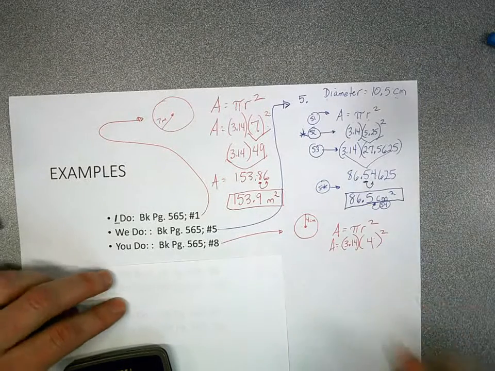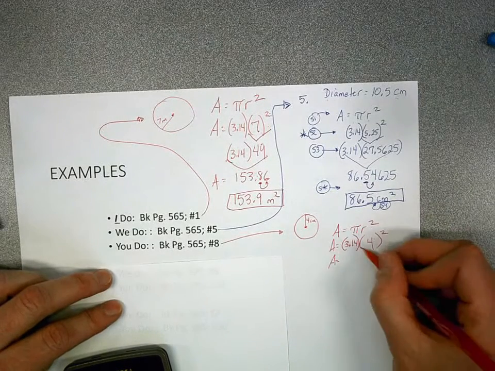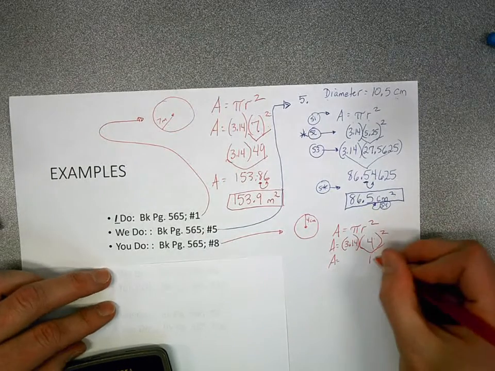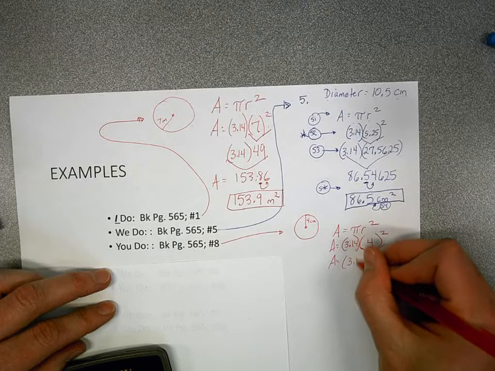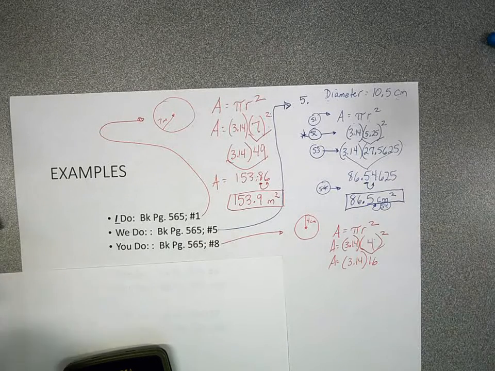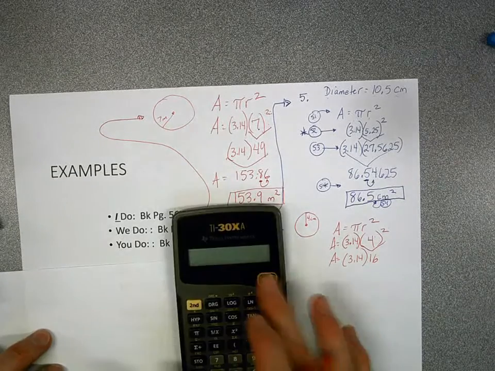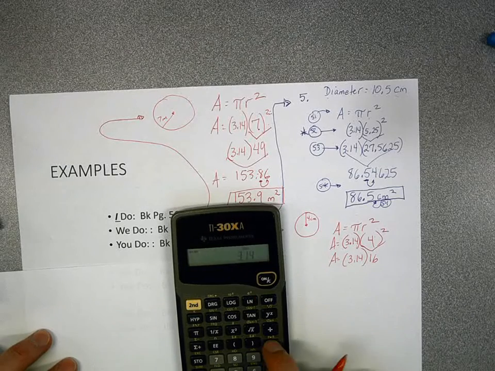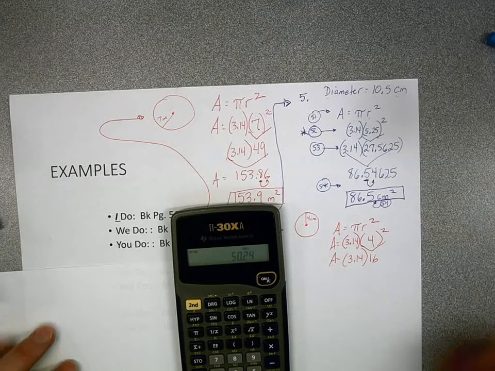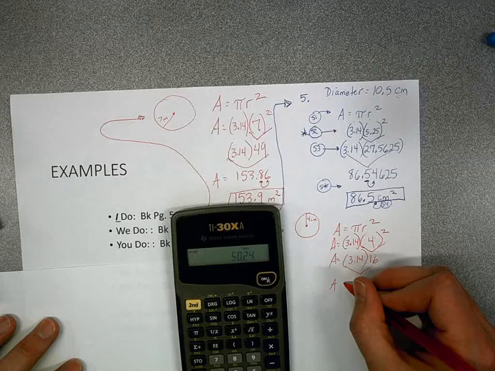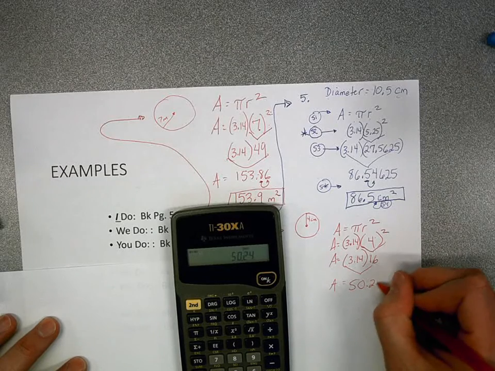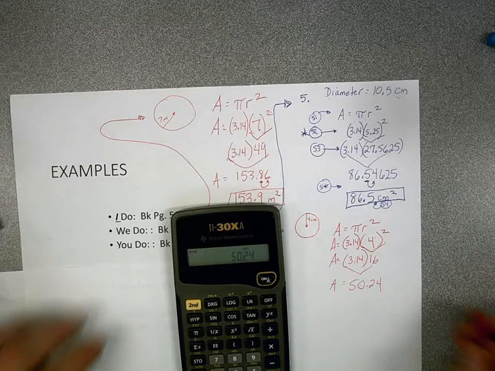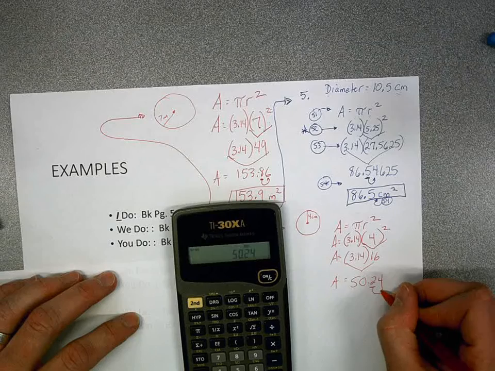Okay, so if I continue, 4 squared is 16. So what I end up with is 3.14 times 16. So 3.14 times 16 equals, I end up with an area of 50.24. However, it says round to the nearest tenth. So the 4 makes the 2 stay the same.